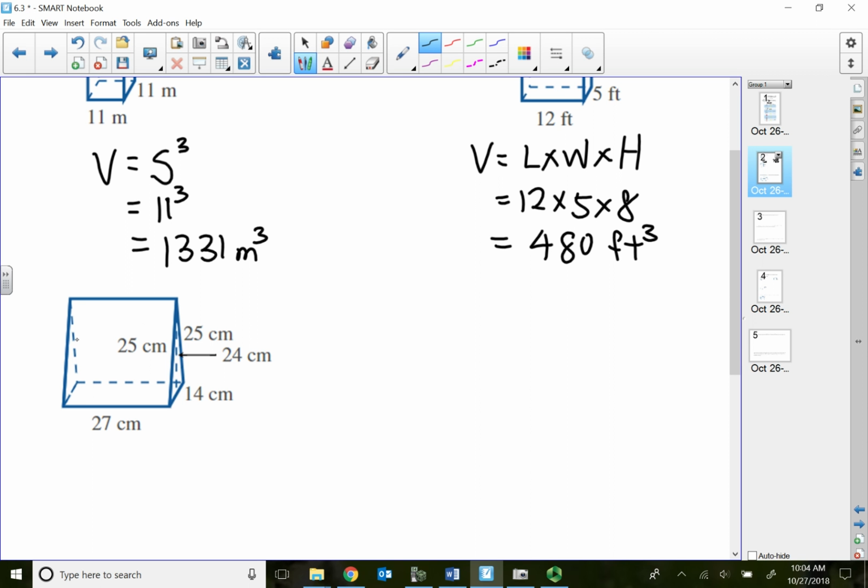So I have 3 sides that are rectangles. They cannot be the base, because a geometric solid can only have 2 bases. This problem is what we call a triangular prism. It's actually using this triangle as the base.